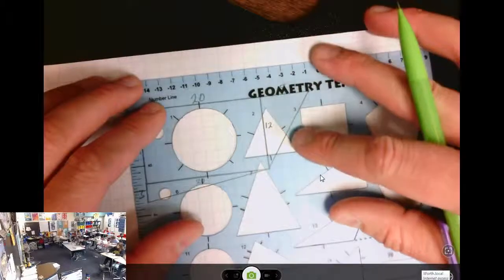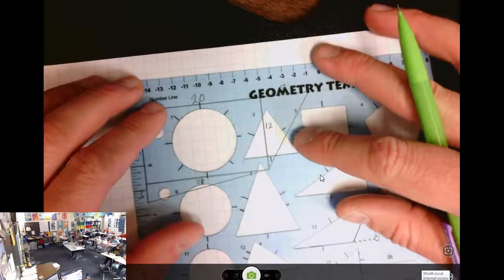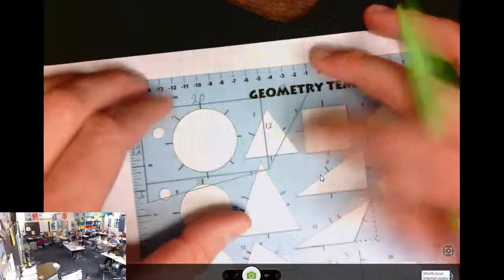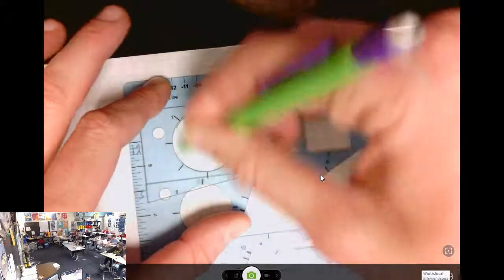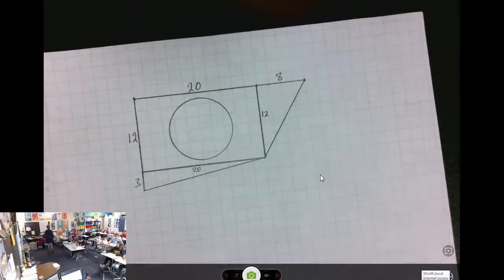With your circle, you want to leave a little gap at the top and a little gap at the bottom. If you're using the same paper as me, it should come out to work just right.